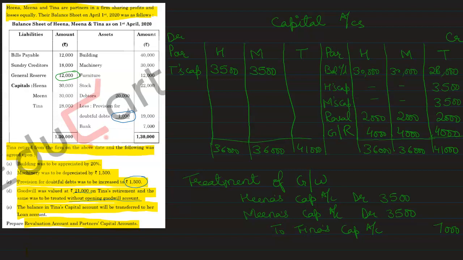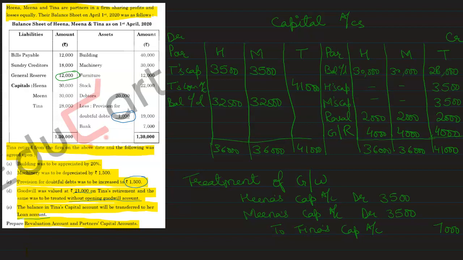The balance in Tina's capital account will be transferred to her loan account. So Tina's loan account will be 41,000, and then the balance carried down of Hina and Meena will be 32,500 and 32,500. So this was the only thing asked in this question: revaluation account and partners' capital accounts.